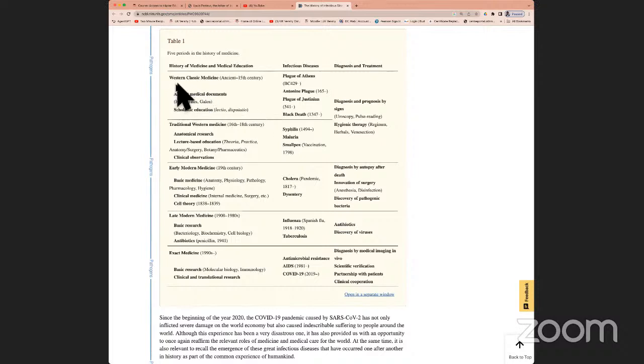So when we look at Western classic medicine, which is ancient to the 15th century, we look at different diseases which plagued humans, and various pandemics which have happened in human history. We look at the plague of Athens, which was in 429 BC.